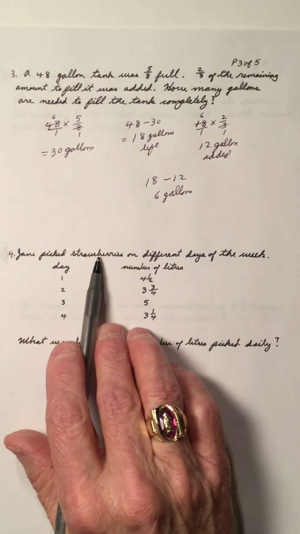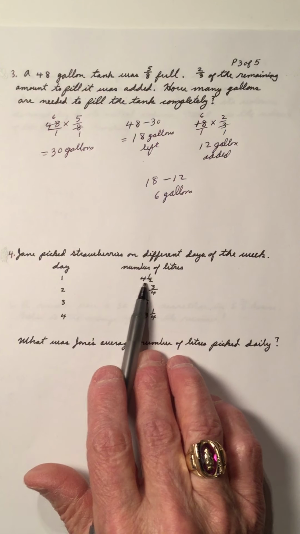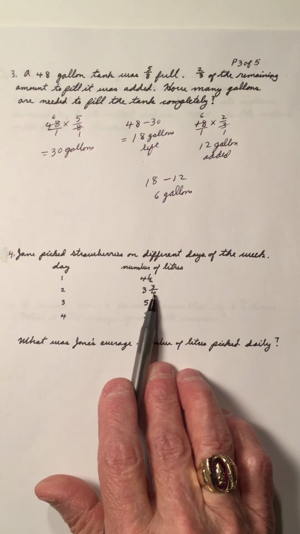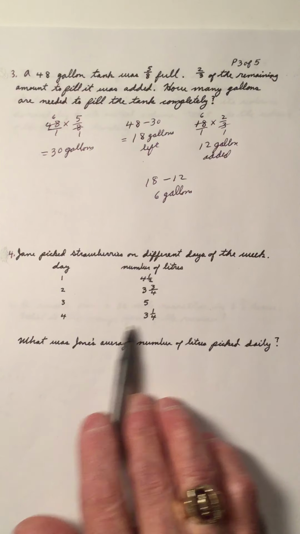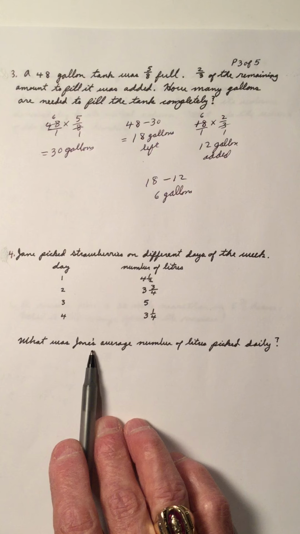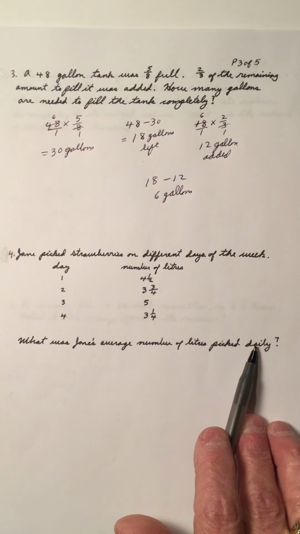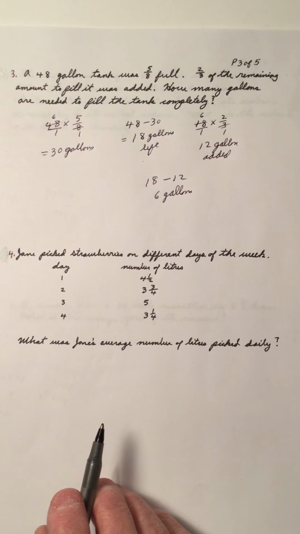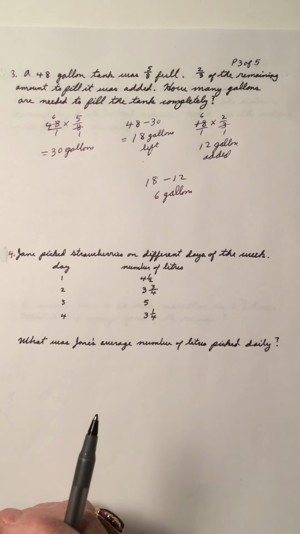Number 4, Jane picked strawberries on different days of the week. Day 1, 4.5. Day 2, 3 3/4. Day 3, 5. Day 4, 3 1/4. What was Jane's average number of liters picked daily? The average number. Now we know the average is the total divided by the number.